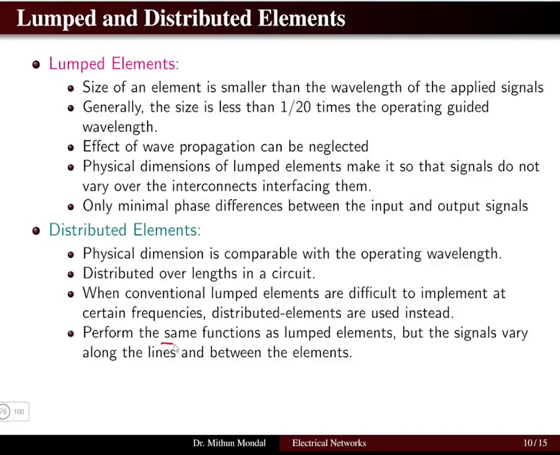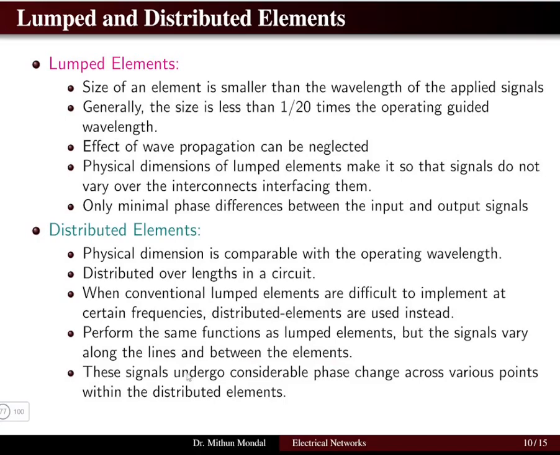They perform the same function as lumped elements, but the signals vary along the lines and between the elements. The signal that is being transmitted in the form of a wave has to be measured in terms of the distributed elements. These signals will undergo certain phase changes across various points within the distributed system.